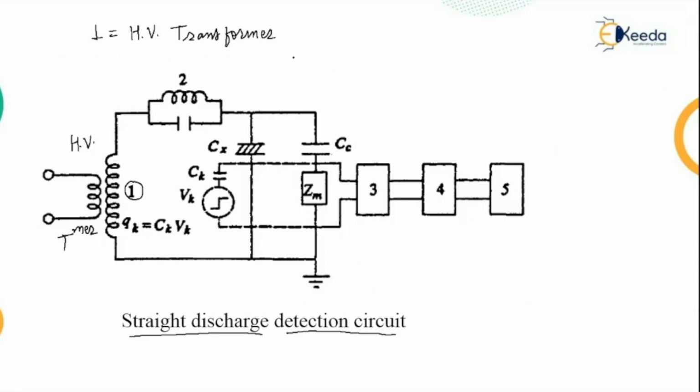A resonant filter is used, so point number 2 is the filter. The purpose of this particular filter is to prevent any pulses starting from the capacitance of the windings and bushings of the transformer. So basically it acts as a filter to filter out the waves generated due to the capacitance of the winding and the bushings of the transformer.